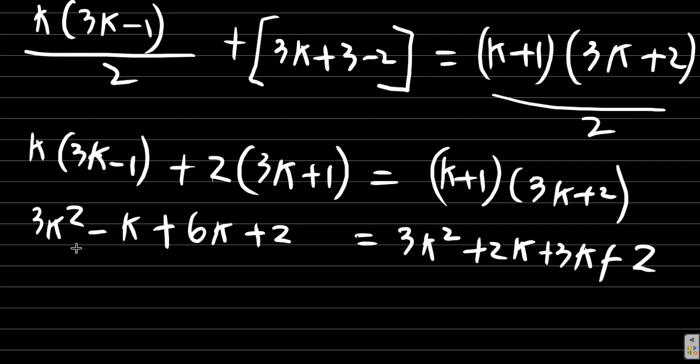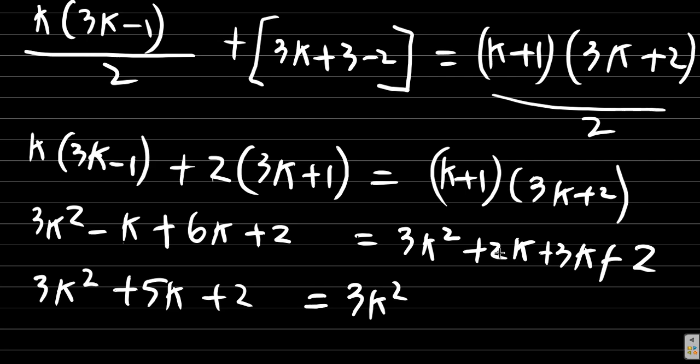And then we say this is 3k squared, negative k plus 6k is 5k, plus 5k plus 2 equals, and on the right hand side you have 3k squared, 2k plus 3k is 5k plus 2, and then you say 3k squared plus 5k plus 2 equals 3k squared plus 5k plus 2. Alright? That would also prove that both sides are equal. So that would be another case.